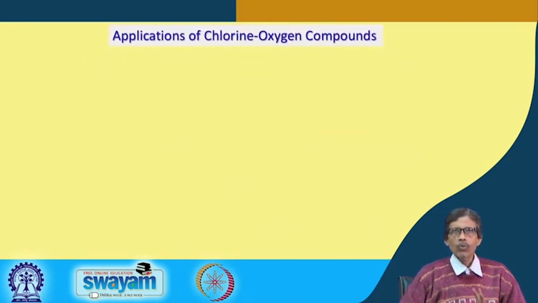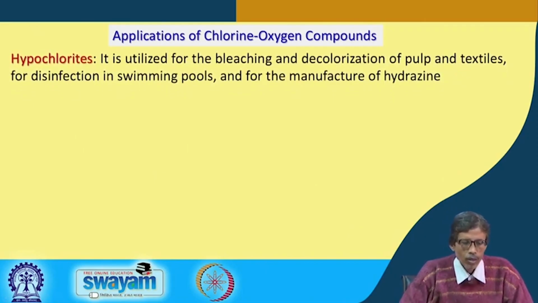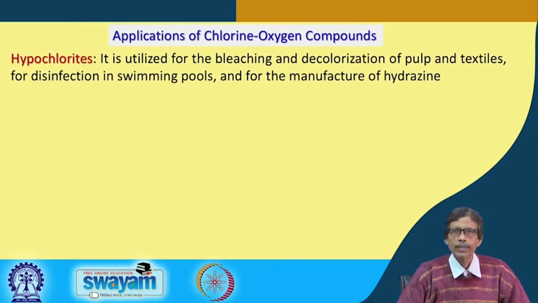Then we see the different areas of application where we can use the produced chlorine dioxide for useful purposes. First of all, you have the hypochlorites we have seen earlier, a very good bleaching agent.